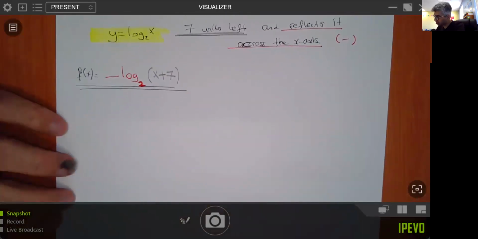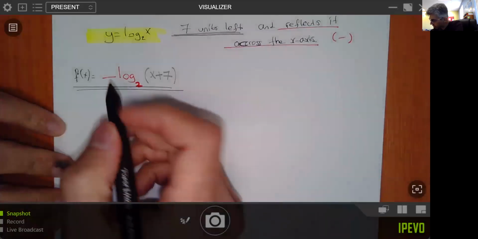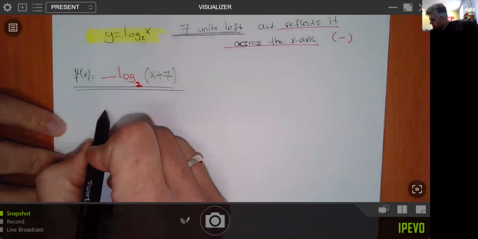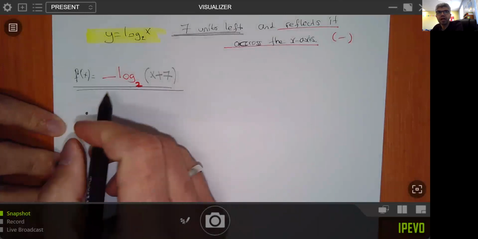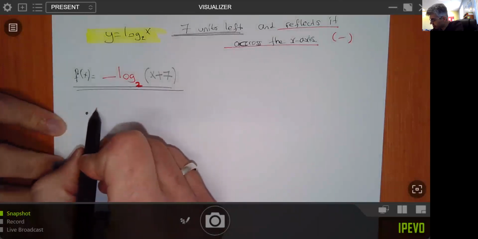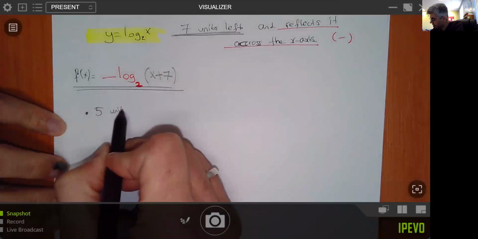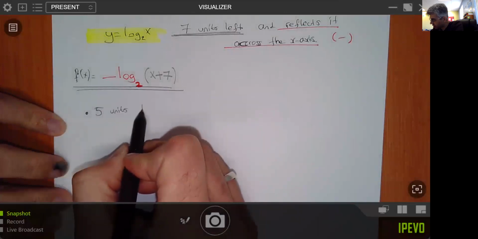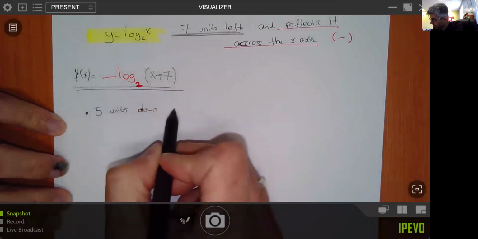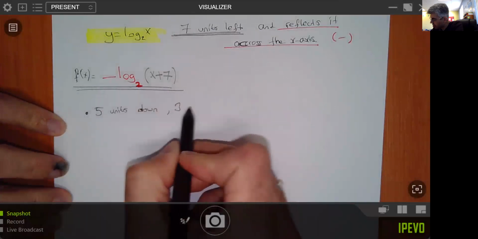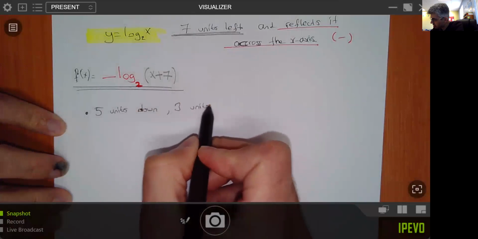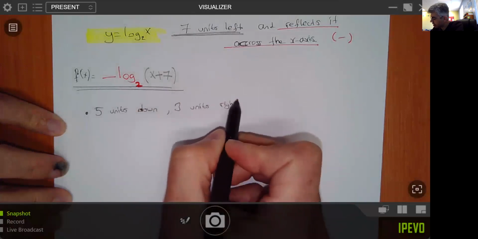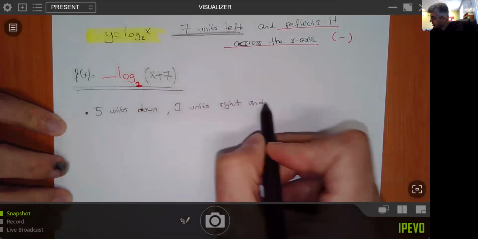So I write the new rule, the model. Okay, so let's say 5 units down, 3 units right, and reflected.